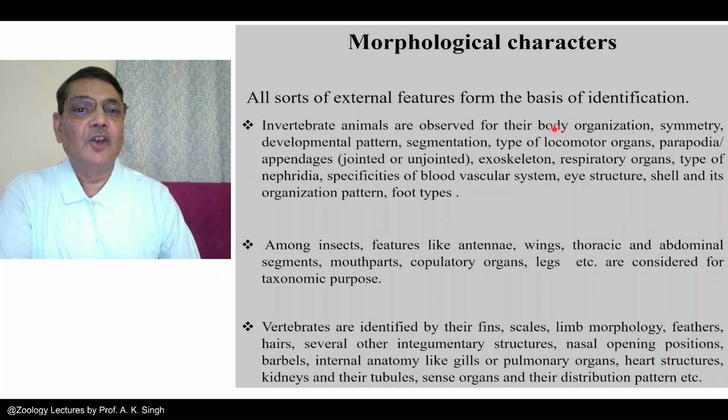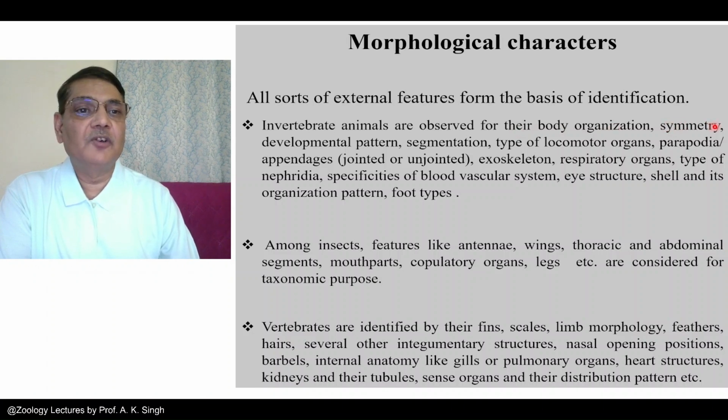We see whether they have cellular grade of organization or tissue grade of body organization or organ system grade of body organization. Like in case of poriferans, cellular grade of body organization is there. In case of cnidarians, tissue grade of body organization is there. And in higher forms, we find organ system grade of body organization. So that forms the basis of taxonomic identification.